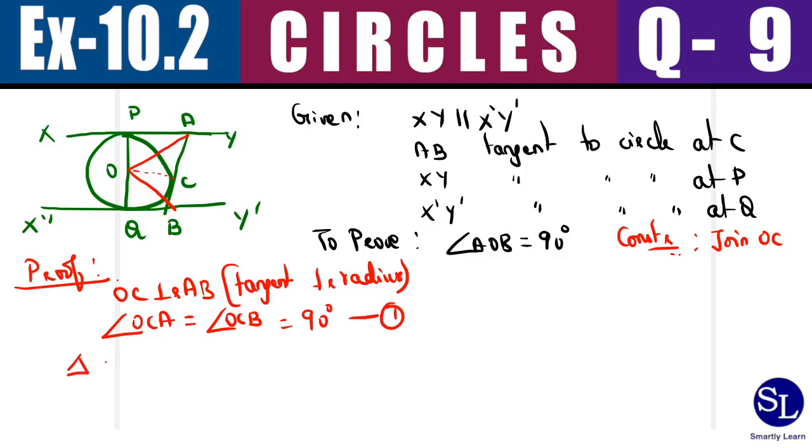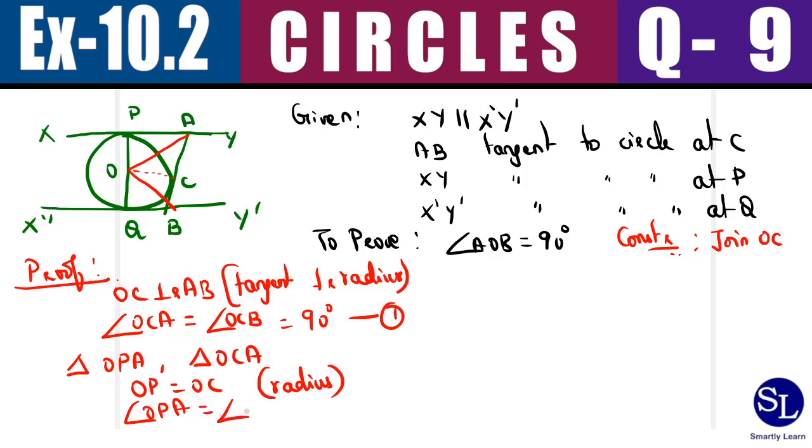I'm taking up two triangles, OPA and OCA. In these two cases, OP is equal to OC because it is the radius of the circle. And we know that angle OPA is equal to angle OCA, which is equal to 90 degrees, because the tangent is perpendicular to the radius.